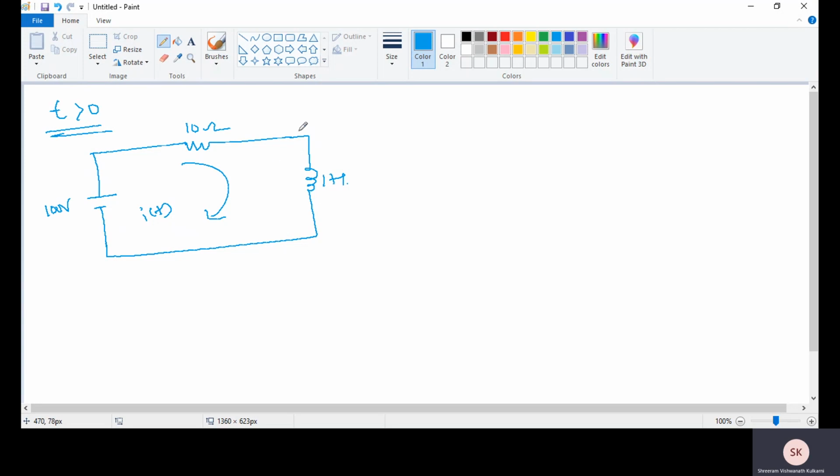Now, see here, for t greater than 0, I need to apply KVL for the circuit, to find di by dt and d square i by dt square.